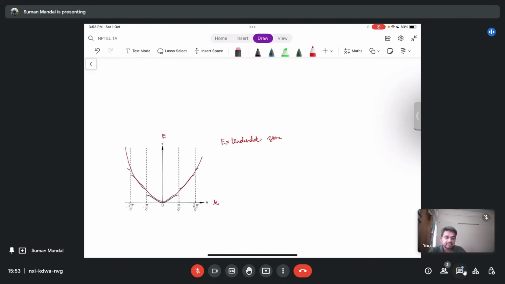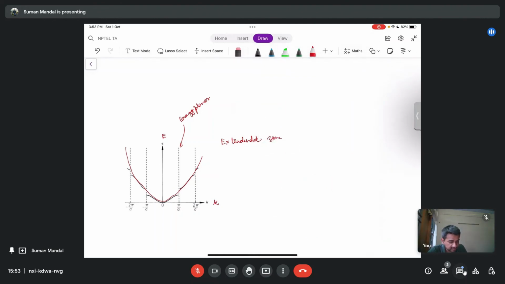But what happens is that there is diffraction that occurs along these Bragg planes, and because of this diffraction, the traveling waves are unable to travel. They become standing waves at these Bragg planes, for wave vectors corresponding to these Bragg planes.